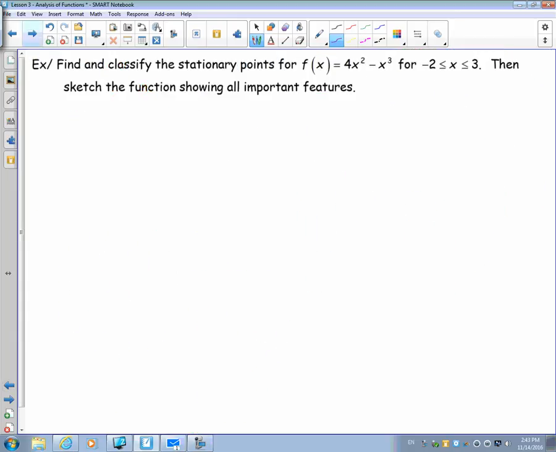Okay, last question. We want to find and classify the stationary points, and then we're going to sketch our function. So just put it all together. So what do we know? Stationary points. That's where our derivative is 0. Let's find our derivative. Our derivative is 8x minus 3x squared. I want to know where this equals 0. This is a quadratic, so I'm going to solve it as such.